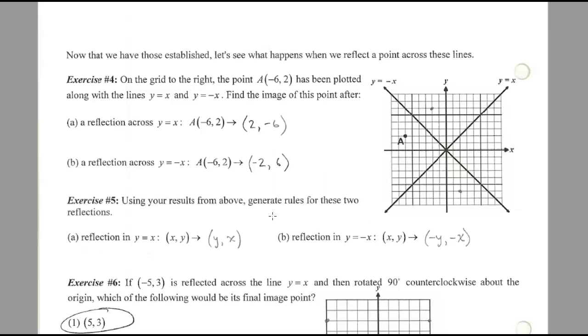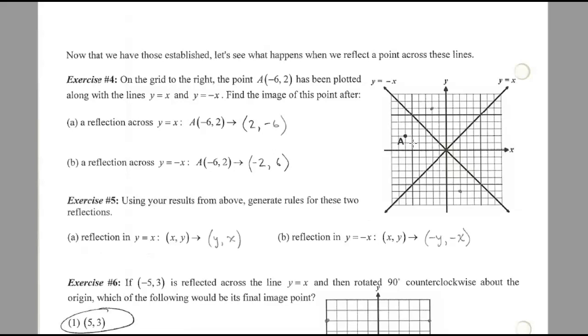But if I want to go from (-6, 2) to the line at y = x, then I'm traveling in this direction, perpendicular from A to the line, and then the same distance across from the line. So if my reflection line has a slope of 1, I know that my perpendicular slope is going to be -1.